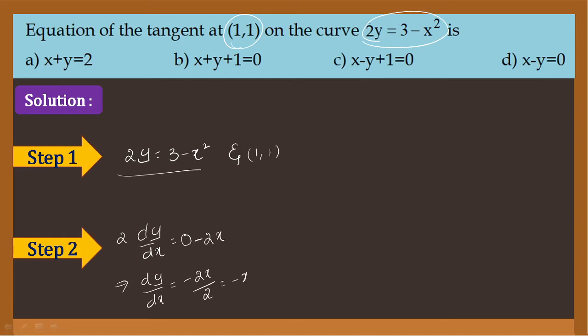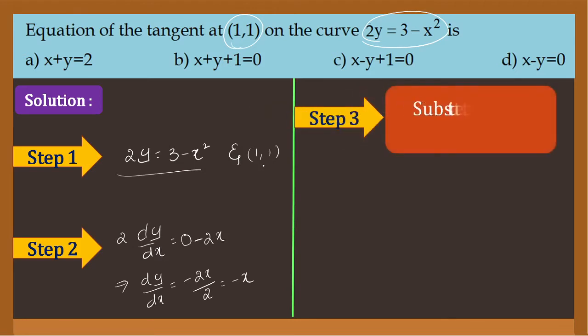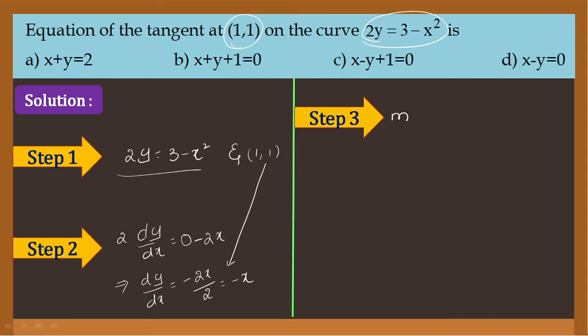This equals minus x. Now, substituting the given point in this, we get the slope of the tangent, that is m is equal to dy by dx at (1, 1) is equal to here minus 1.